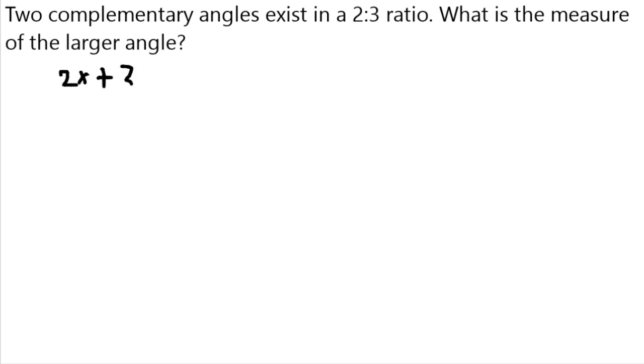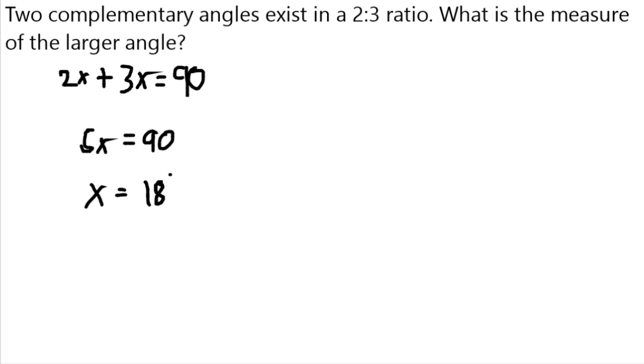If it is a ratio, we can write it like this: 2x plus 3x equals 90. Now we can combine like terms, so this is 5x equals 90. We can divide both sides by 5, so we have x equals 18 degrees.